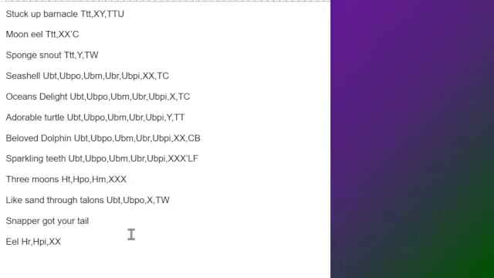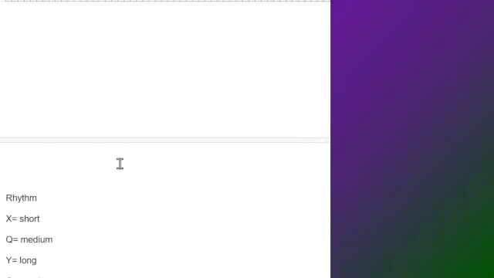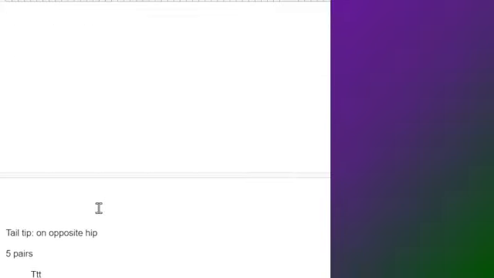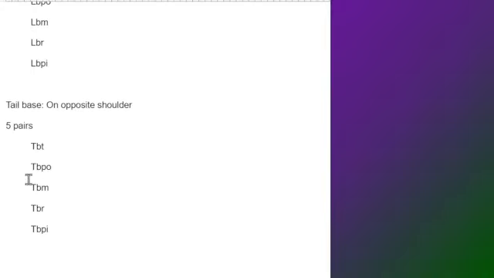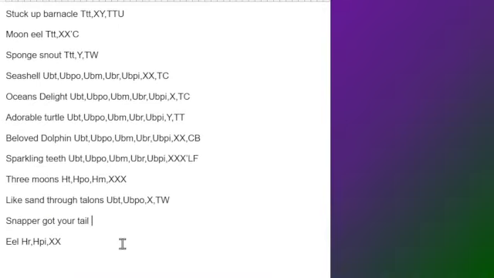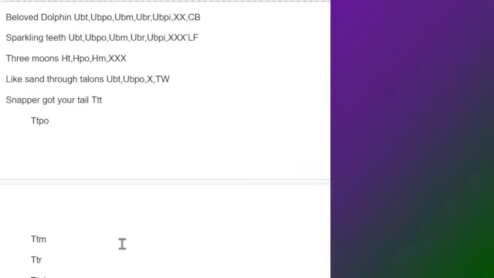Snapper got your tail, which we are doing full lowered tail. I should be done soon though.